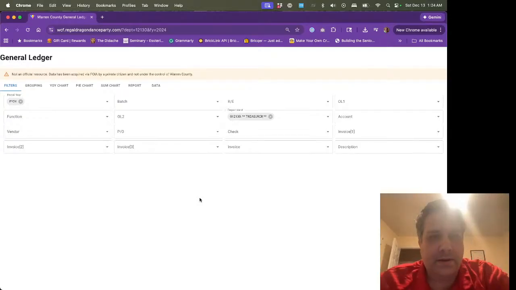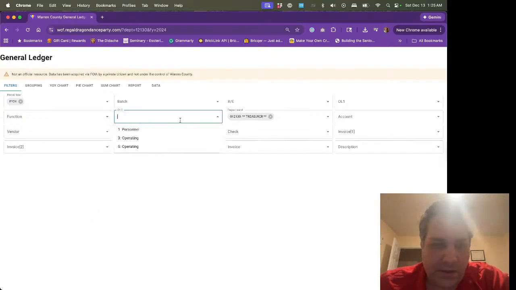When I started getting the general ledger data, I did create a spreadsheet at first and start building reports, but then I moved to a website which is just a LAMP stack: Linux, Apache. Usually the M is MySQL, but I'm using MariaDB because I believe Oracle purchased MySQL, and then PHP.